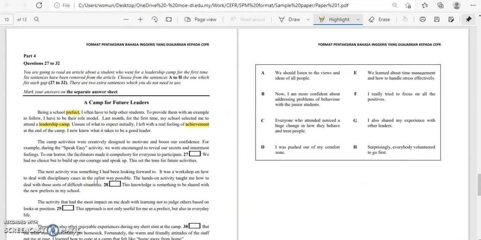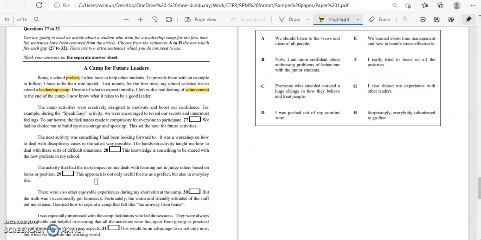Now I give you 2 minutes time to skim through the rest of the text and also the choices of sentences. Highlight some important keywords.